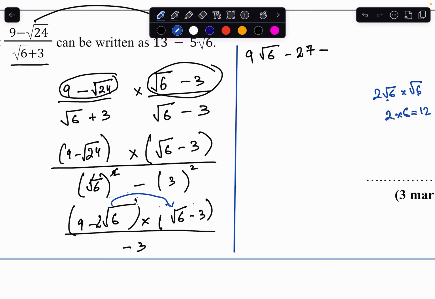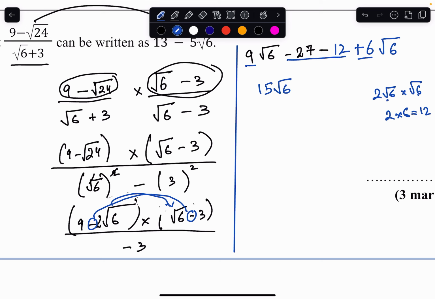So I'm writing 12 only, negative of 12. And then this 2 root 6 multiplied by 3, 3 times 2 is 6. Minus and minus makes plus. And 2 times 3 is 6, plus 6 root 6. Now 9 plus 6 is 15. 15 root 6 minus 27 minus 12.